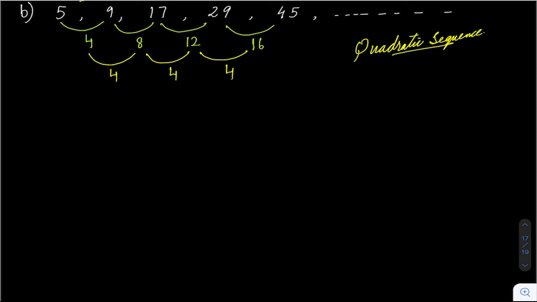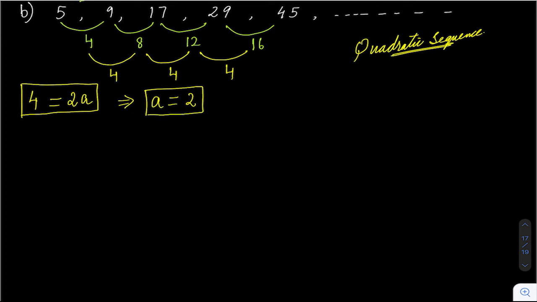Now the second difference is always equal to 2a, right? So from this, I am directly getting my a value as 2. I think it's easy. Now let's find the b value. So how do we find the b value?